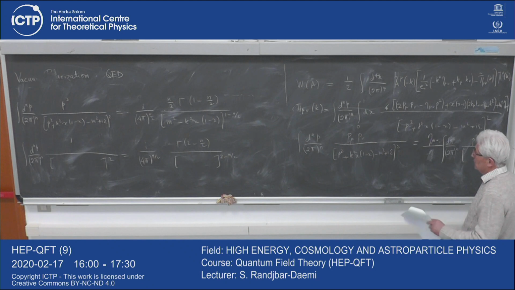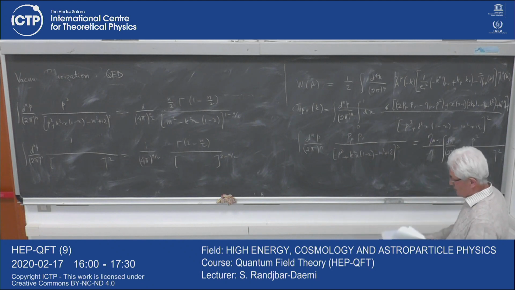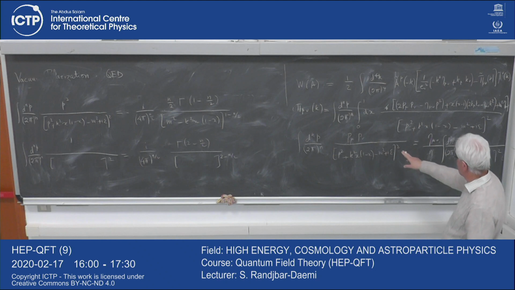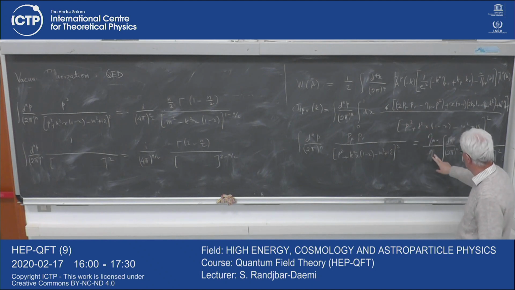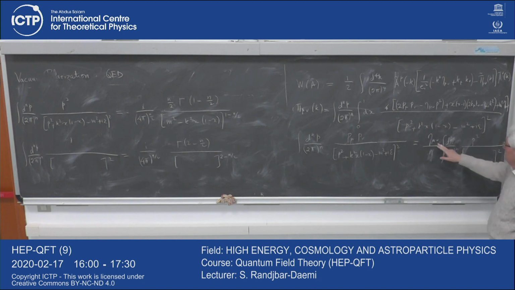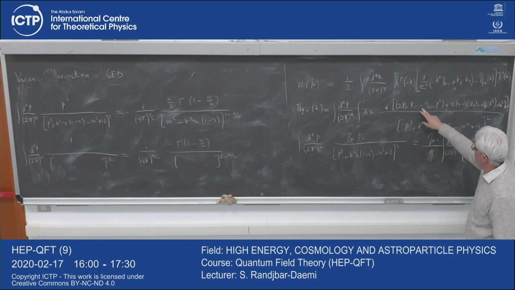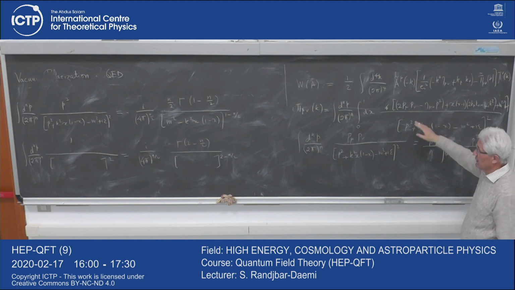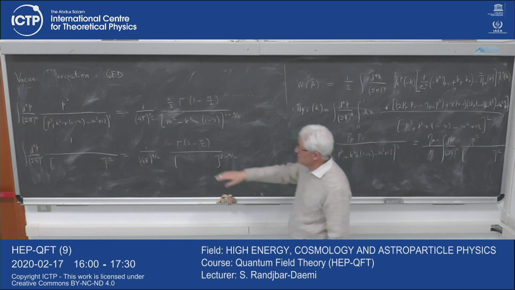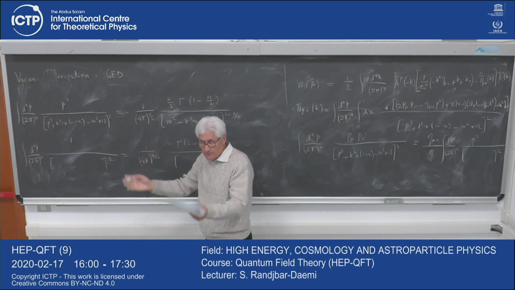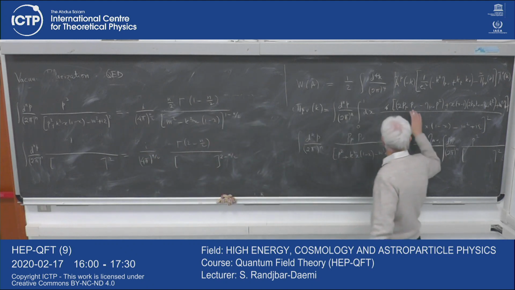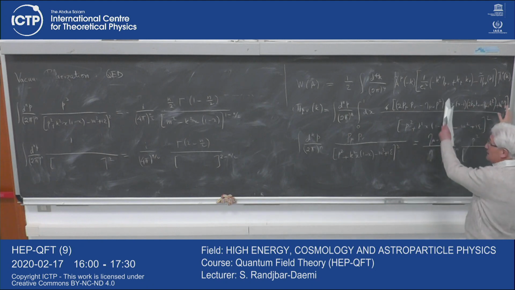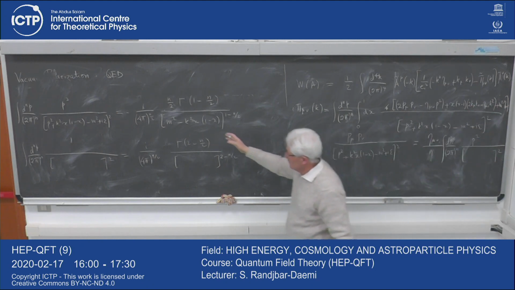Now I'm just sketching the steps. We have to plug this in here. After we have done that, there will be a 2 over n times p squared times eta, and here is minus 1 p squared times eta. Obviously, both of them will lead to an integral of this form, times a number, times eta mu nu. The 2 over n minus 1 will come from here, and from here it will be this expression times this.